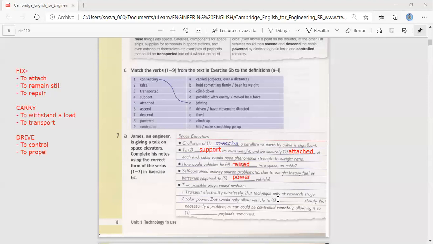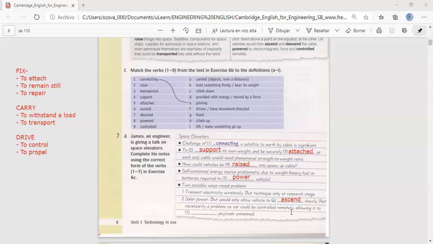Number one is transmit electricity wirelessly, but the technique is only at the research stage. That means they're investigating how to transmit electricity wirelessly. And the second is solar power, but it will only allow the vehicle to ascend slowly.